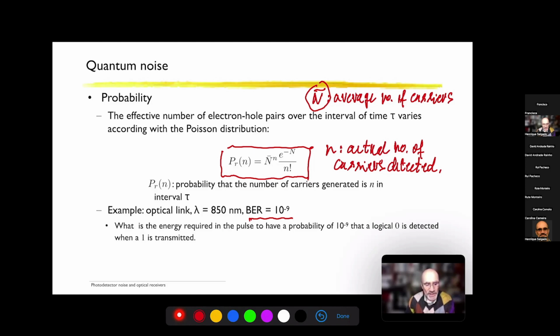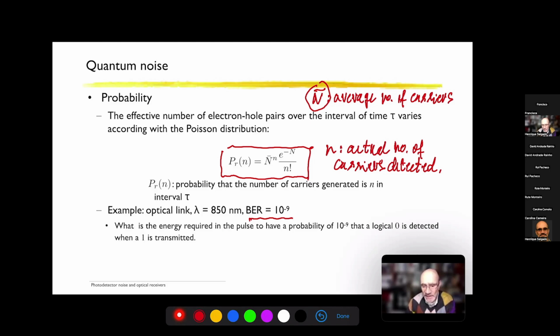A 1 is being transmitted, and we want to obtain the probability that a logical 0 is detected. And for a logical 0 to be detected, we can assume, for simplicity, that we should have measured no electron carriers in the photodetector, right?